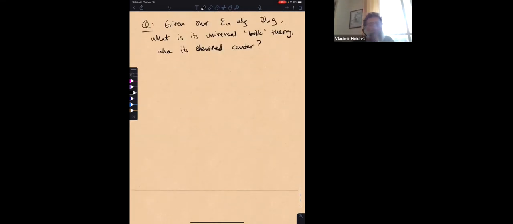So I'm going to sharpen that question just a little bit. I'm going to follow Lurie, although I'm sure there's lots of predecessors to this definition. It's where I've seen it formalized this way. So let me say what I mean by derived center.